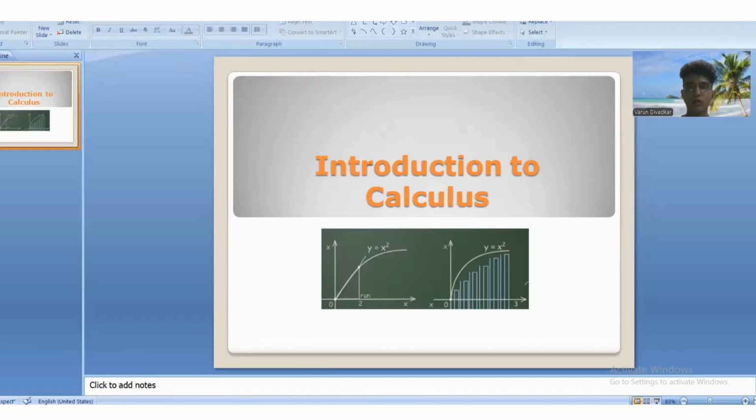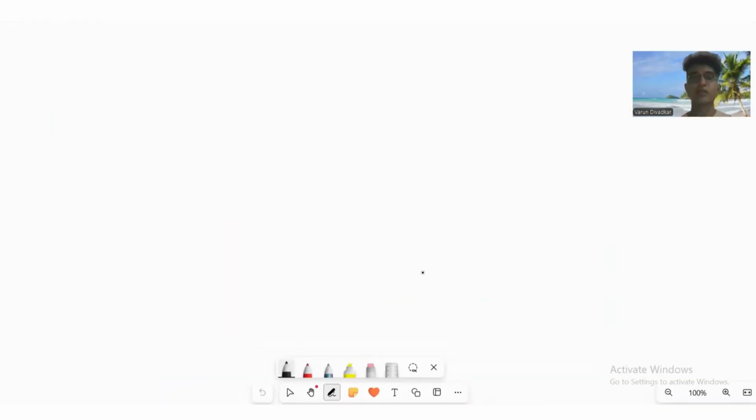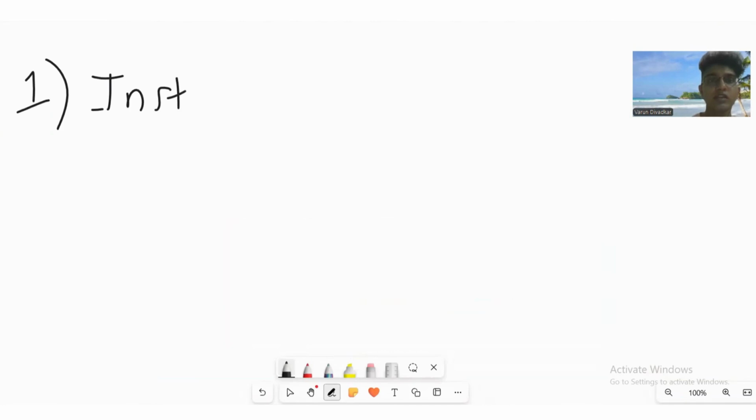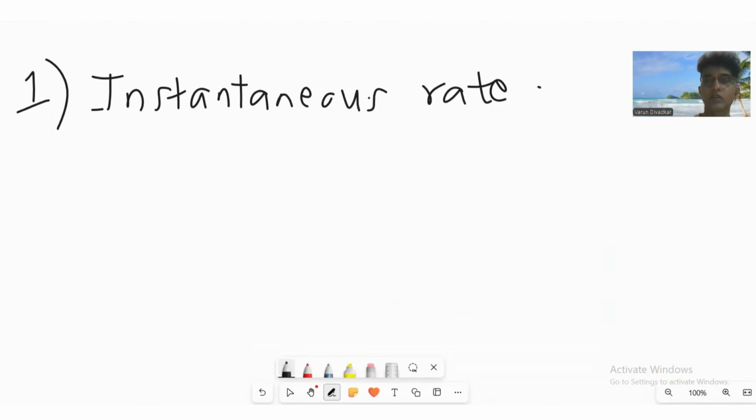So let's take a whiteboard and try to understand what fundamental problems calculus is basically trying to address. There are two problems which calculus is trying to address. The first one is the instantaneous rate of change.